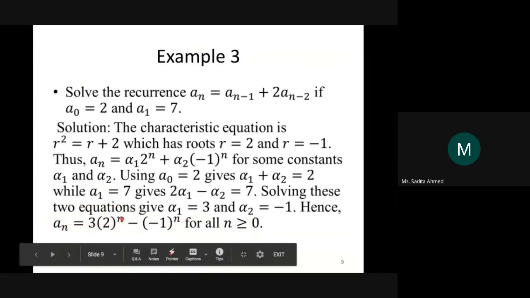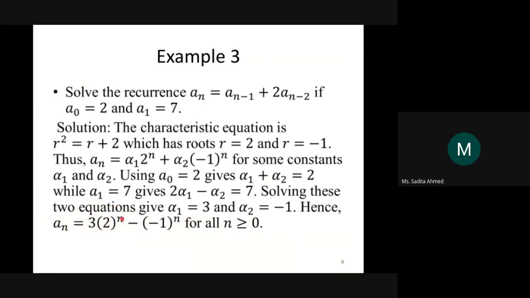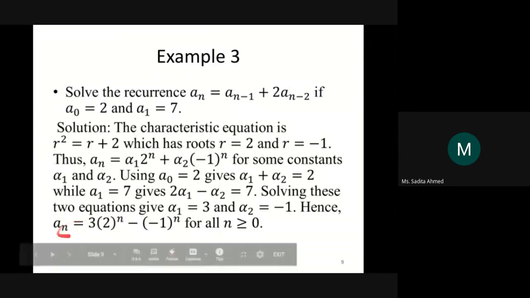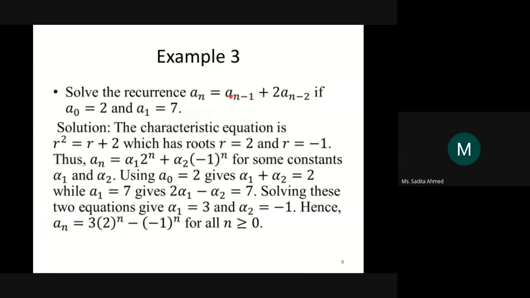So let's say, for example, if you're given a counting problem and you are asked to solve that problem using a recurrence relation, and to derive or solve the recurrence relation further, what would you have to do? First, like the earlier examples, you would have to first find a recurrence relation.